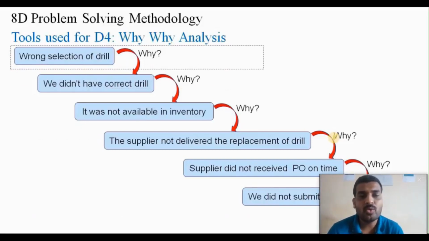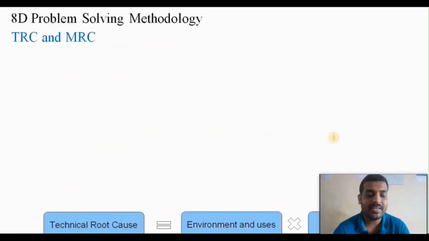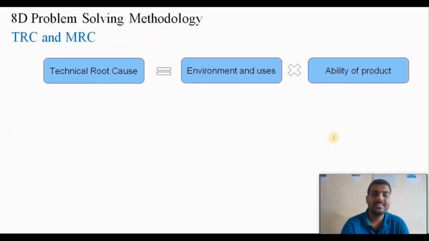Now we will move to what the technical root cause is and what the managerial root cause is. The technical root cause is generally due to the interaction of causing conditions, and the managerial root cause explains why the occurrence of this condition was admitted. Now you may ask why it is important to look behind the technical root cause.